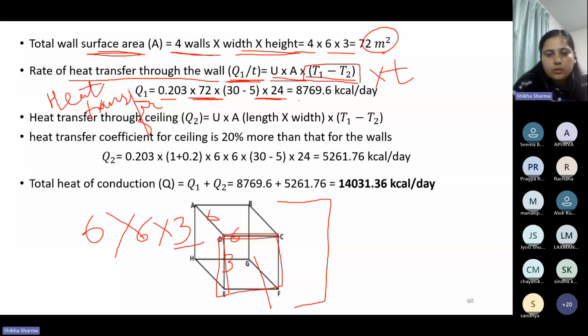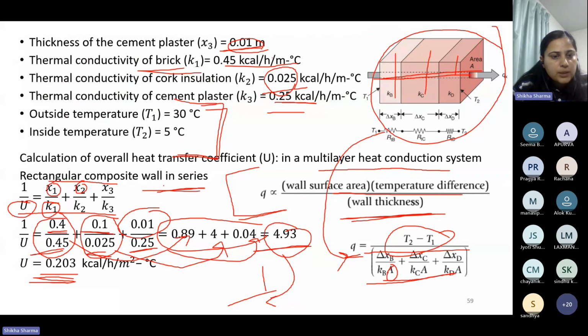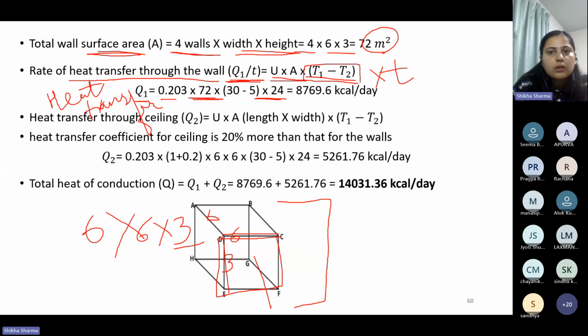H means hour, so we already have hour and we need to calculate into day, so we multiply with 24. So 30 minus 5 is 25. So 25 into 24 into 72 into 0.203 will be 8769.6 kilocalorie per day.